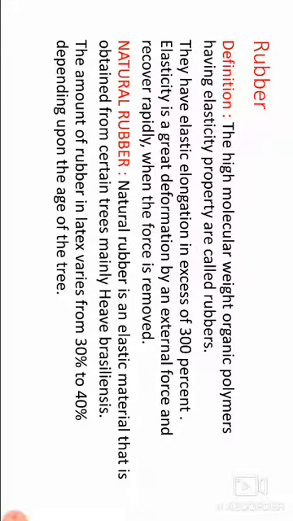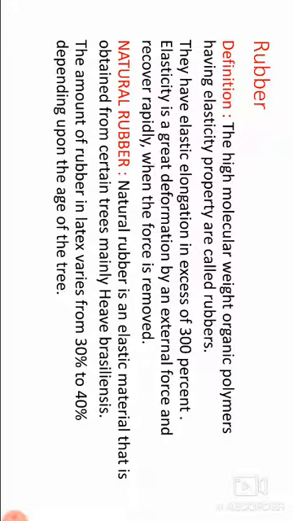Like plastics, rubbers are also high molecular weight organic polymers, but they have high elasticity, and that is why they are called rubbers. Their elastic nature is in excess of 300% compared to plastics. They show great deformation whenever load is applied, and recover rapidly whenever the load is removed.